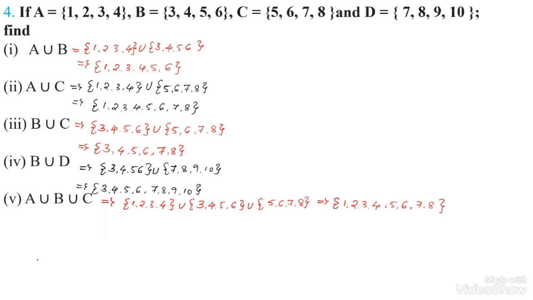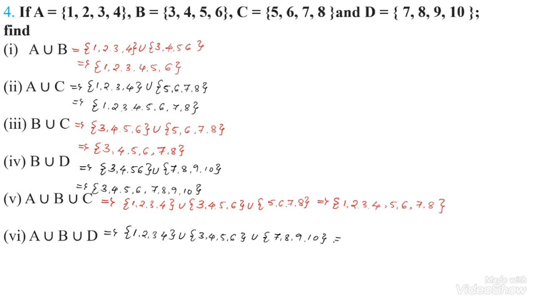Next question. Question number 6. A union B union D. Here also we have to write it. First A set 1, 2, 3, 4, union set B 3, 4, 5, 6, union D 7, 8, 9, 10.